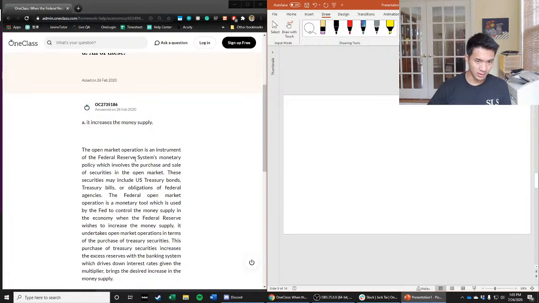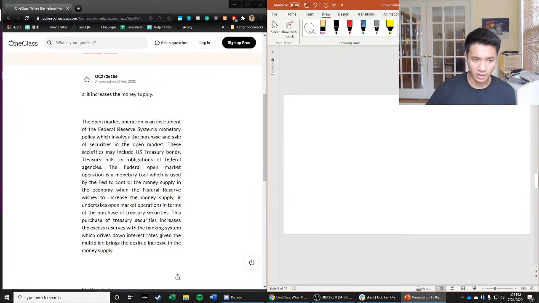Let's take a look at the previous tutor's answer. Previous tutors also said A, and they said the open market operation is an instrument of the Federal Reserve System's monetary policy, which involves the purchase and sale of securities in the open market. These securities may include U.S. Treasury bonds, Treasury bills, or obligations of federal agencies. Federal open market operation is a monetary tool used by the Fed to control the money supply in the economy.